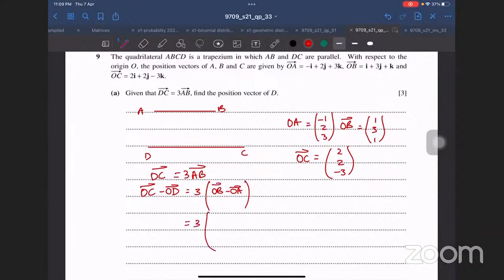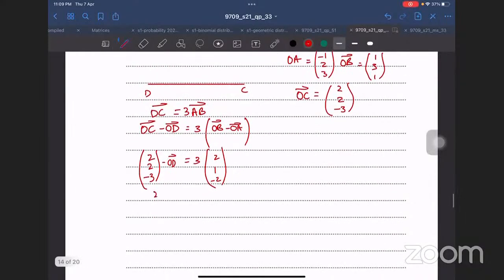So OB minus OA gives me 1 minus 1 gives me 2, 3 minus 2 gives me 1, and 1 minus 3 gives me minus 2. And OC is 2, 2, minus 3. And if I bring this to this side, 6, 3, and minus 6 equals OD. So I get OD equals minus 4, minus 1, and 3. Check.